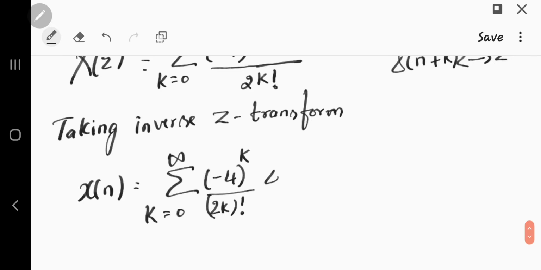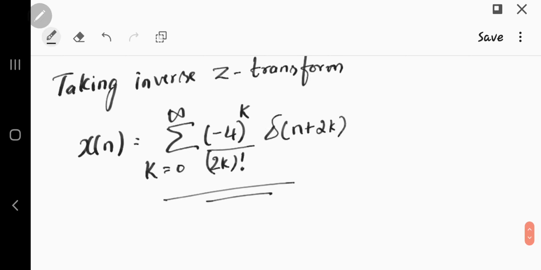In place of z to the power of 2k, we can write delta n plus 2k. So this is the inverse transform of z to the power of 2k. So that completes this one.